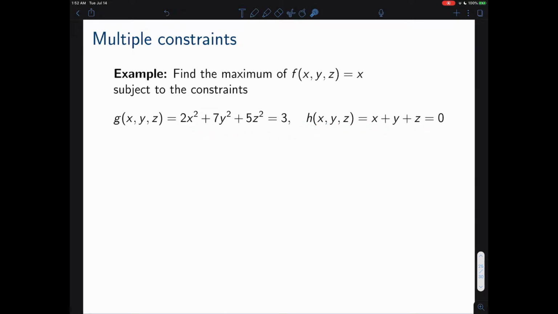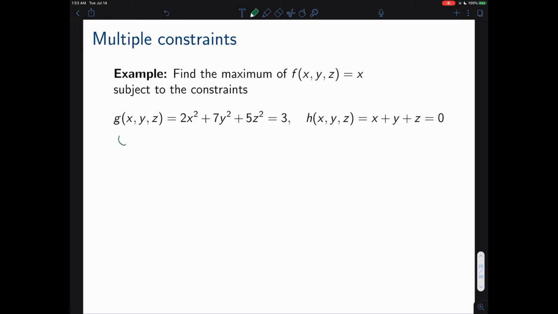What's a picture here? If it was just x squared plus y squared plus z squared equals something, that would be a sphere. But the x, the y, and the z each separately got rescaled by different amounts. So it's a sphere that's been compressed and stretched in different directions.